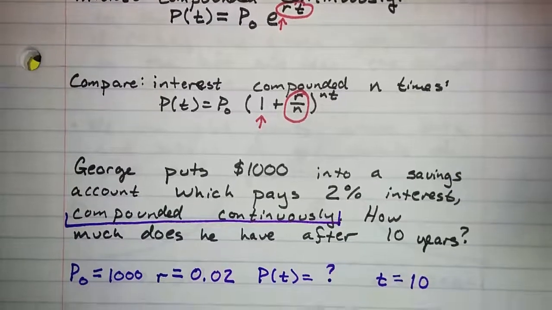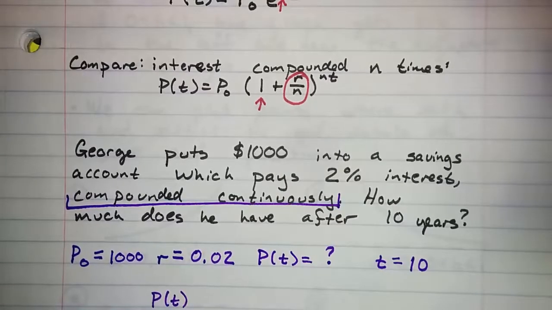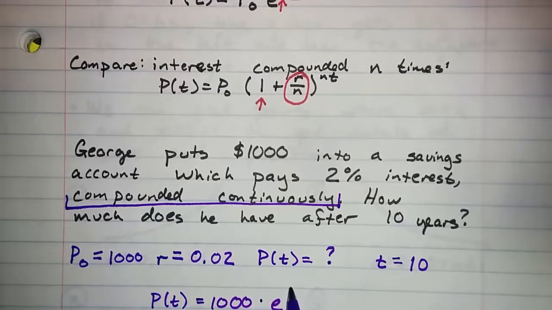So plugging into our formula, we get P of t, the thing we're looking for, is 1,000 times e to the r times t.